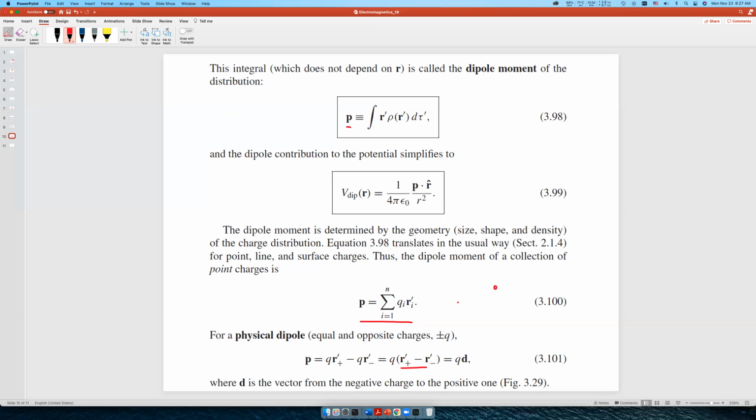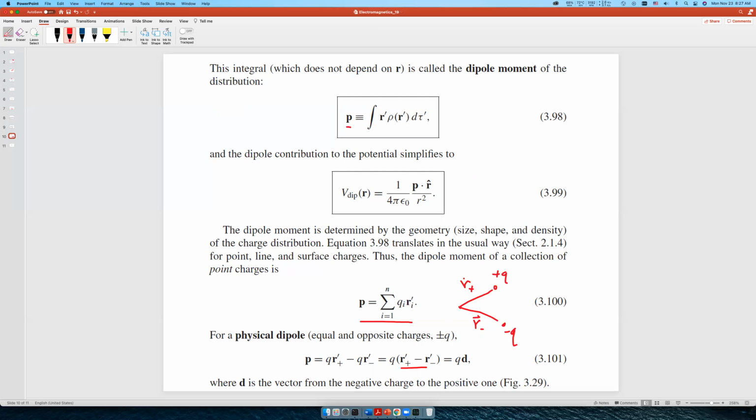Let's say you have plus q and minus q, and this is r plus, this is r minus from the origin.